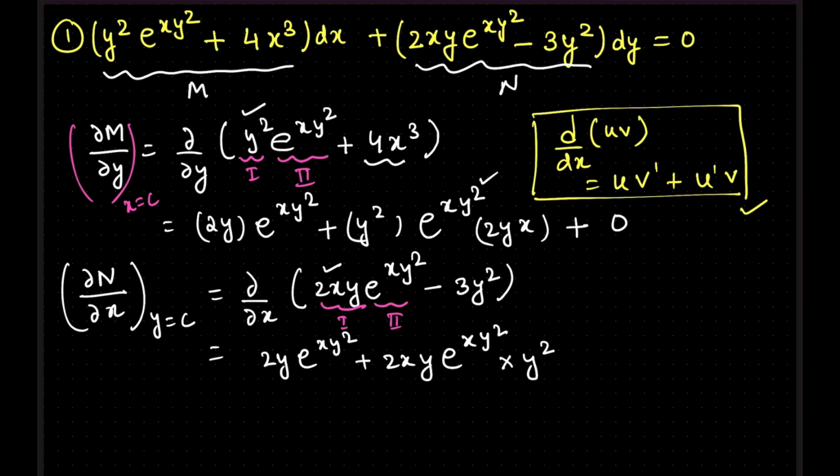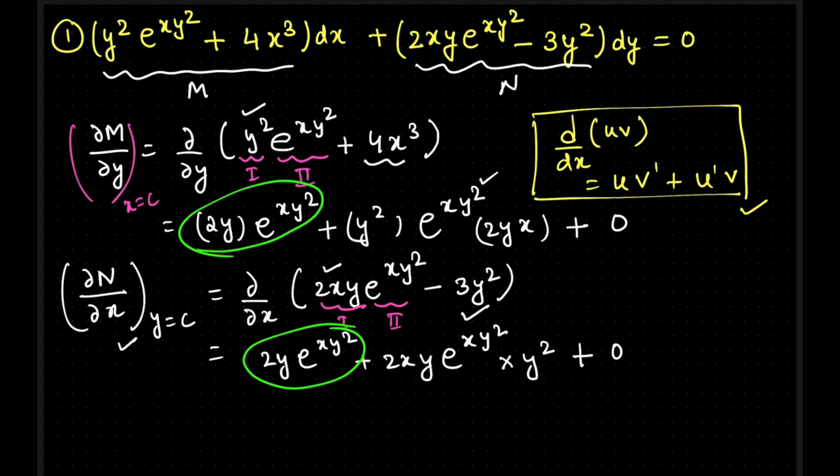Now we have differentiated the first term. Now the second term is a function of y, and y is constant when you partially differentiate with respect to x, so here you will get 0. Now let's compare. This term and this term are exactly the same.